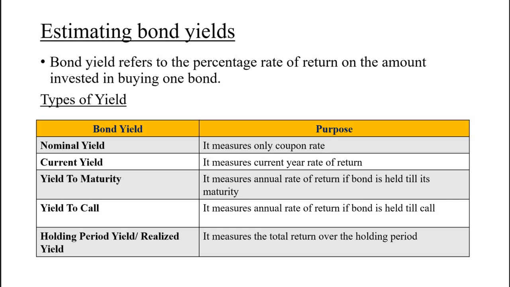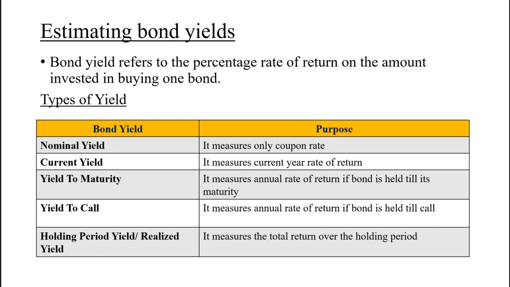Bond yield refers to the percentage rate of return on the amount invested in buying one bond. In simple words, on the amount we invested to purchase any security like a bond, shares, or anything, the percent we get as a return is known as yield.